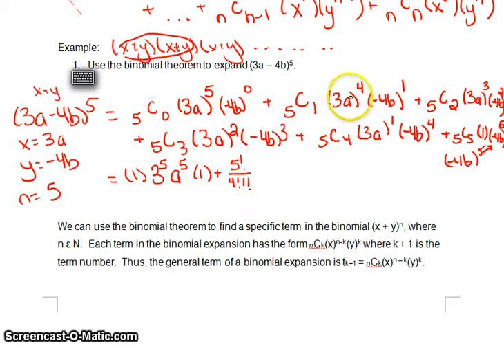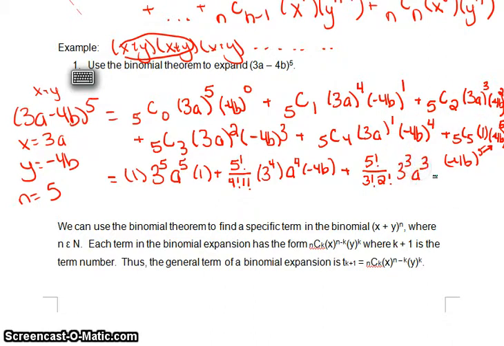Then we have 3 to the power of 4, times a to the 4, and then times negative 4b, plus we have 5 choose 2, so that's 5 factorial over 3 factorial, 2 factorial, times 3 cubed, a cubed, times negative 4b squared, or I guess negative 4 squared times b squared.